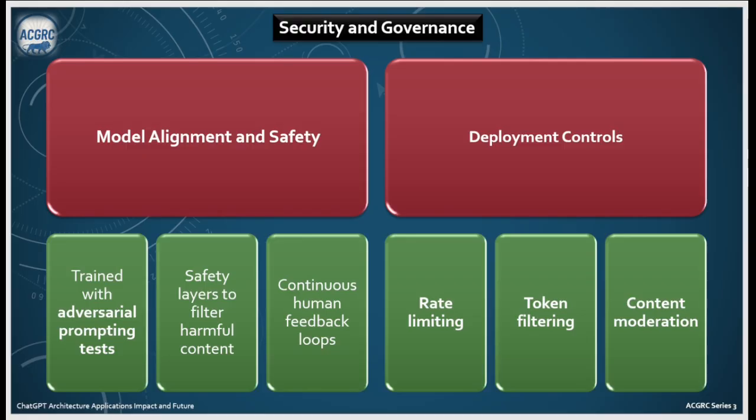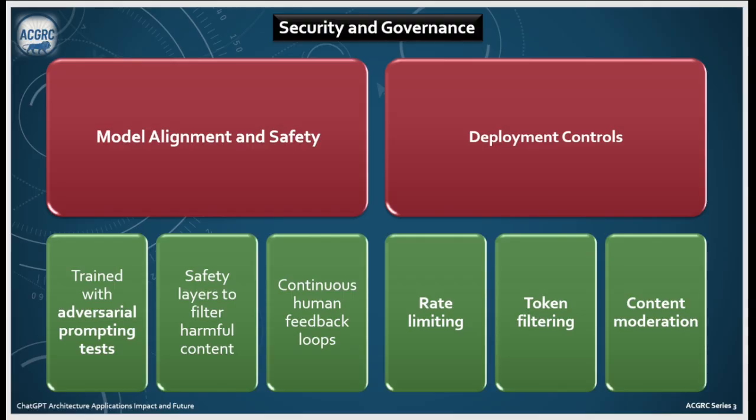What's content moderation? It's checking what ChatGPT says to make sure it's safe, respectful, and appropriate. Why it's needed? To stop harmful, violent, illegal, or offensive content from being shared.